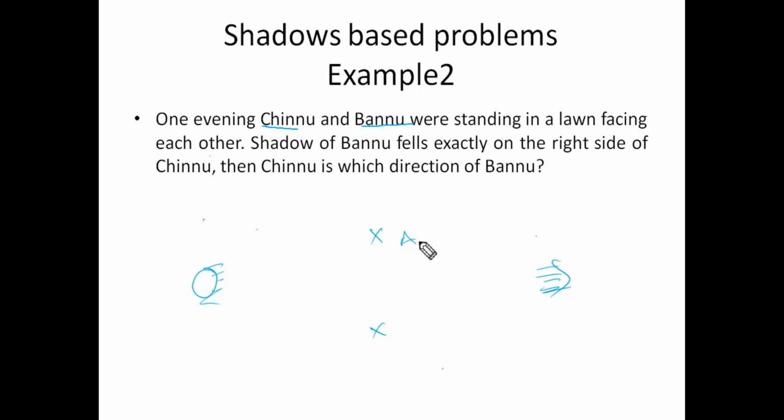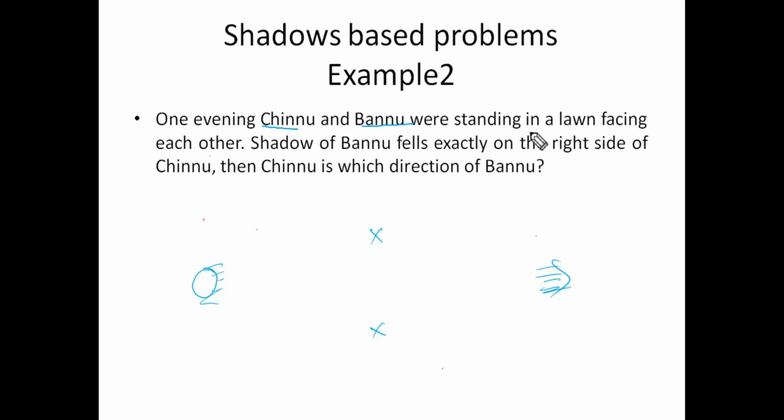Suppose this is person A and this is person B. Now can you tell me whose shadow this is? No, we can't say, because for both of them the shadow is on the east, since the sun is in the west. We cannot say whose shadow this is, right?